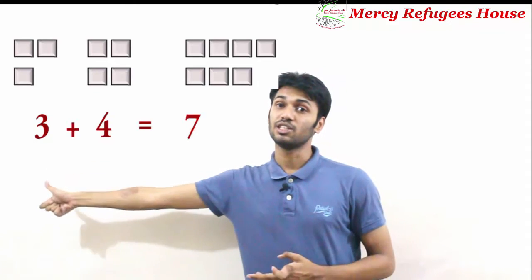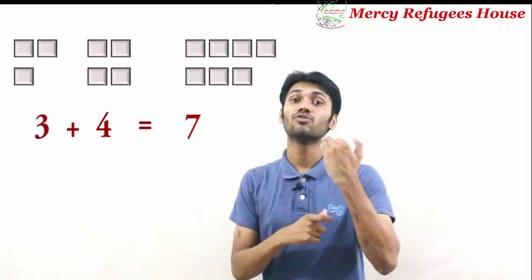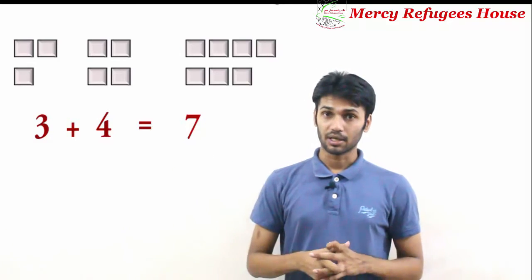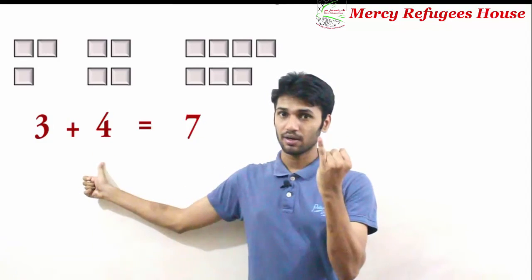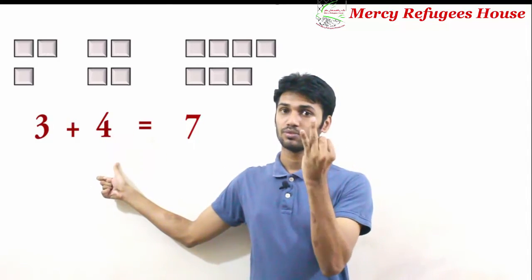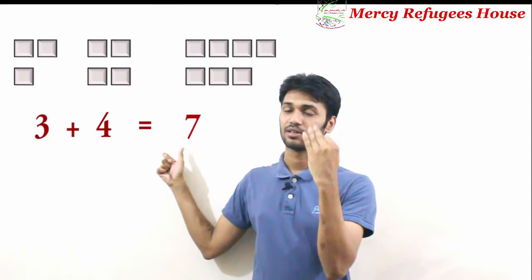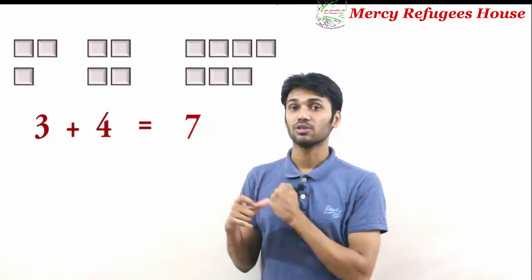See, 1, 2, 3, then there would be 4 blocks added to the blocks. So it would be 1, 2, 3, then 4, 5, 6, 7. So that means you are adding 3 plus 4, you get 7.